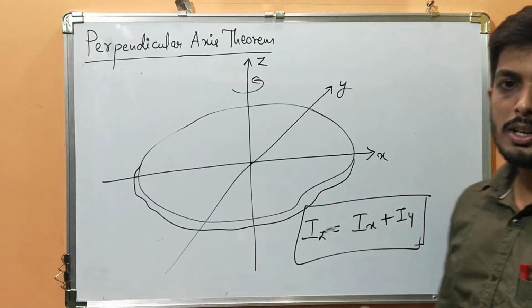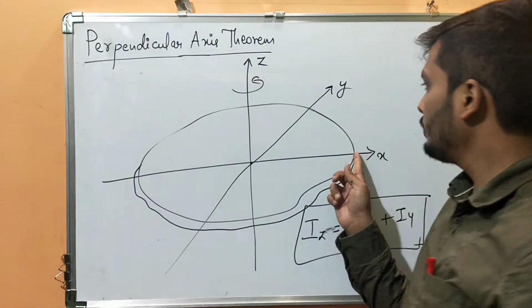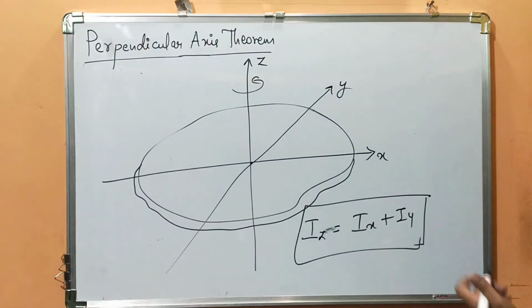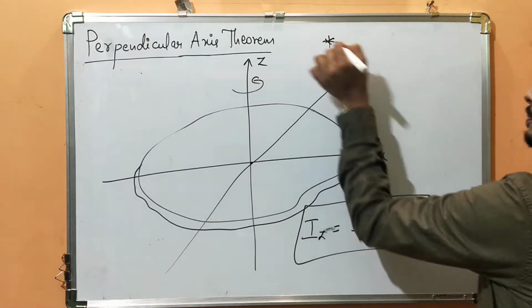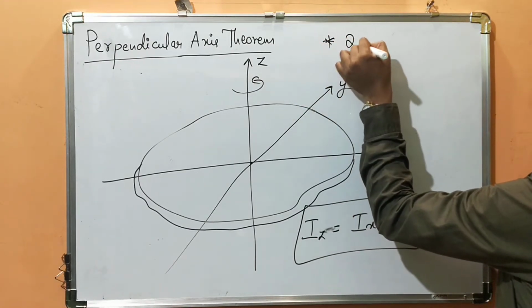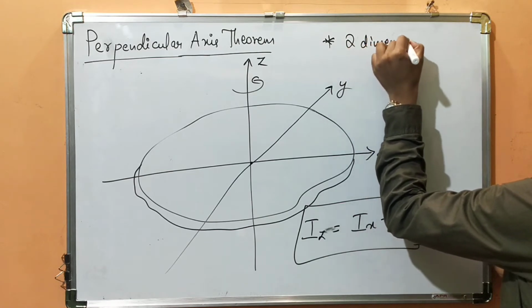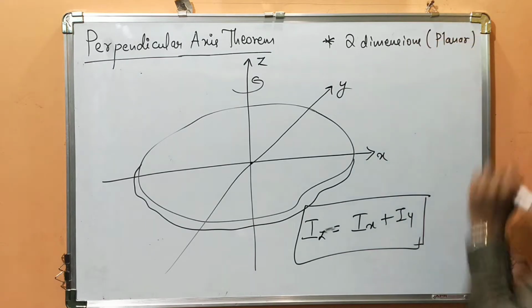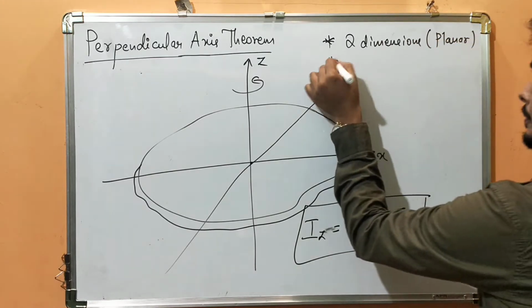Mutually perpendicular in the sense that the angle between x, y and z should be 90 degrees. So the condition is most important. The first and most important thing: the perpendicular axis theorem is only valid for two-dimensional objects, or you can call them planar objects, or lamina.